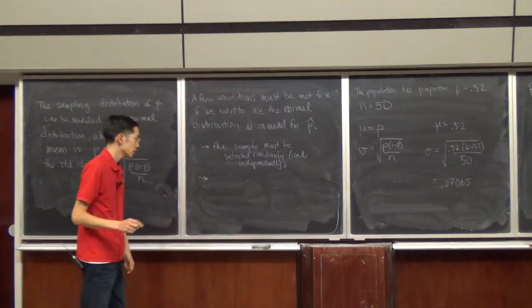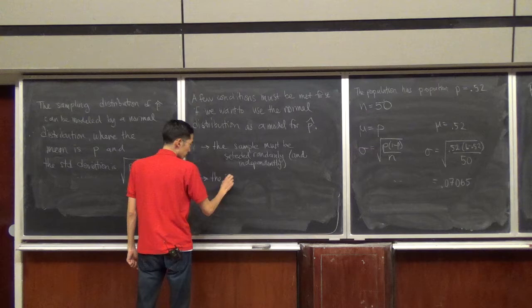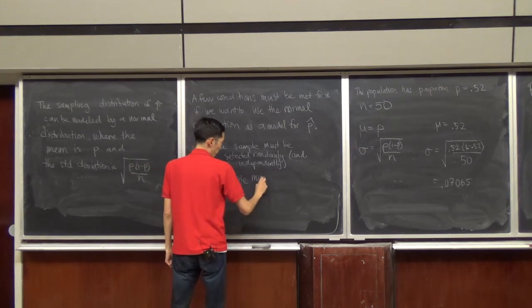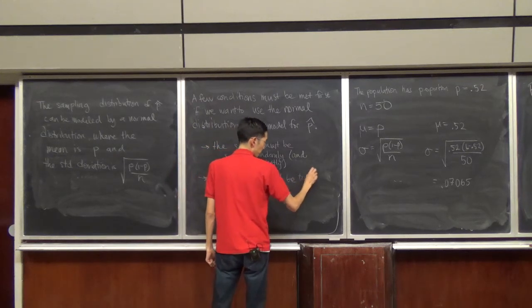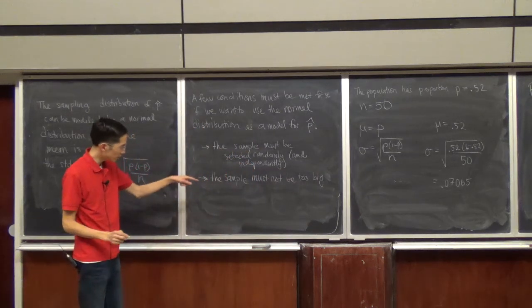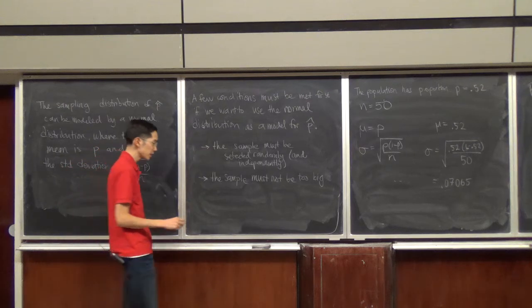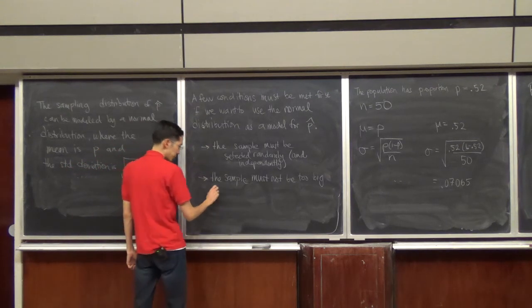Number 2, the sample must not be too big. We check that by making sure our population is 10 times bigger than the sample.